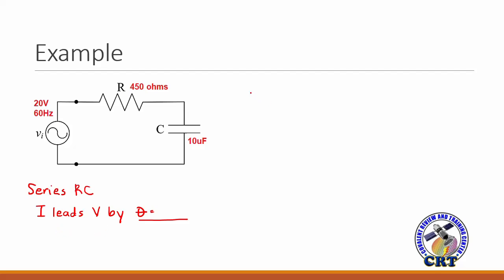So first, let us solve XC. This is equivalent to 1 over 2 pi times the frequency, which is 60 Hz. This is the frequency. Multiplied by the capacitance. This is the capacitance, 10 microfarad.